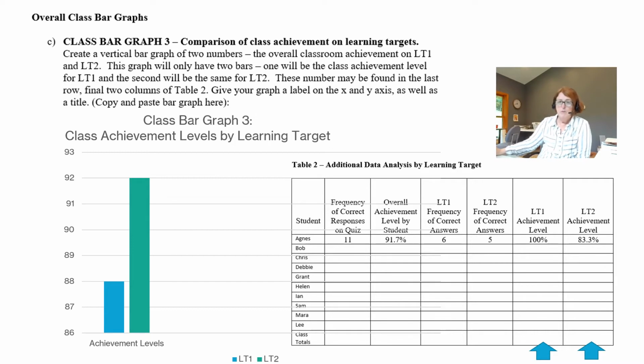Again, these are just dummy numbers I've made up so that we'd have something to show that they did better on learning target 2, and that's what these two bars would represent. That's how this graph has to look: just two bars with whatever those overall class averages are for the percentage correct. That is, if you took all the student achievement levels and averaged them, what would it come to? Because you want to see which learning target your class did better on. If these were the actual numbers, you could say that they did better on learning target 2. But again, these are dummy numbers.